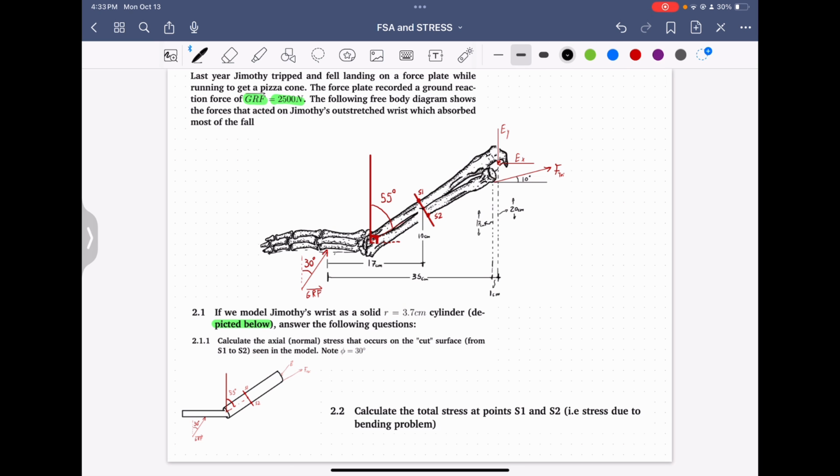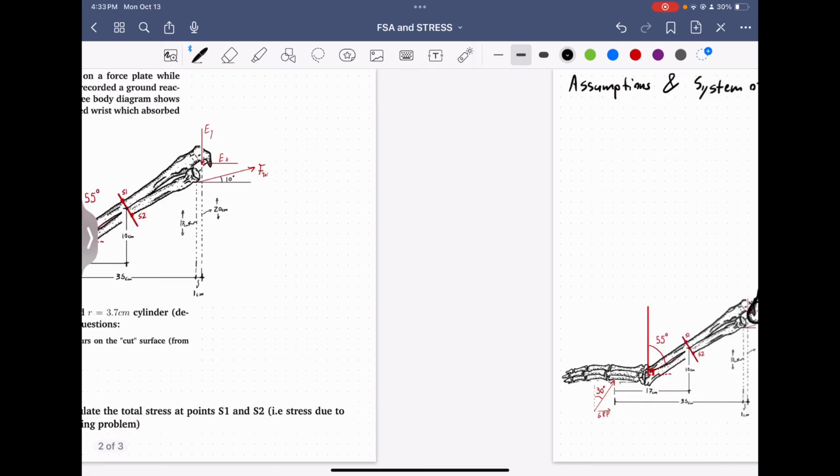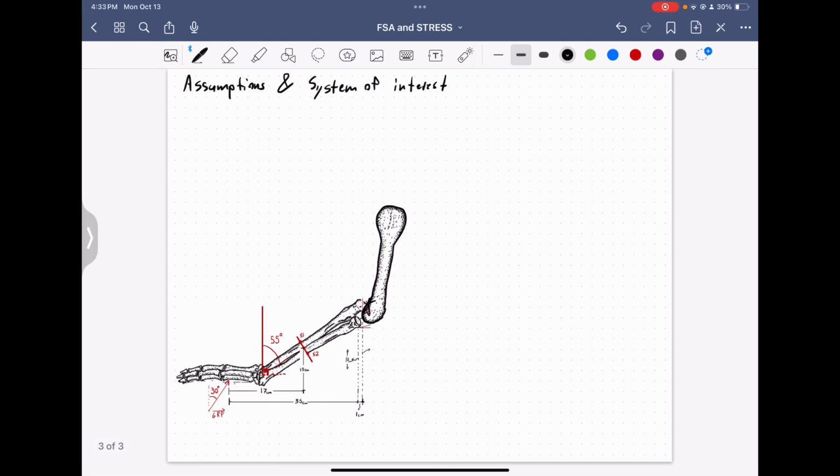So I will say this question in total took me about 10 minutes to do, and that's including looking up some formulas I did not have memorized for inertia in part 2, where you calculate the total stress due to bending. But we're going to start off in all these questions: you start off, we want axial force. So we are going to look at our assumptions and system of interest.